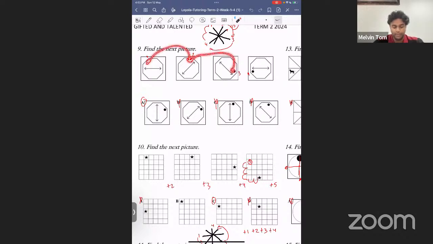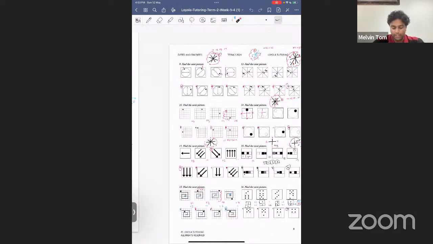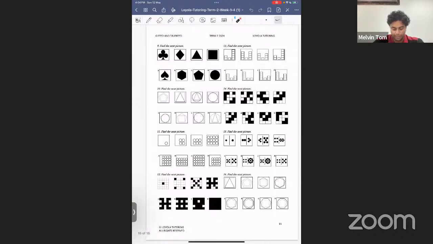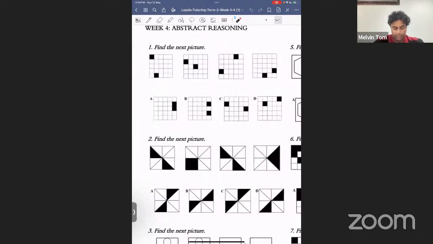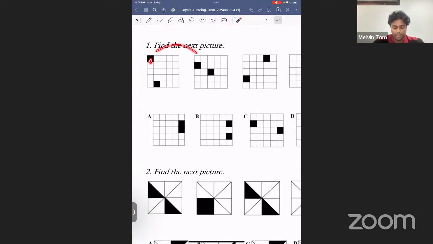Like you can see it starts off here, goes there, goes there, goes there, and so on and so forth, right? But then when you get to this page here that we have, page 14, you have two of the same features and you're not sure which one is which.